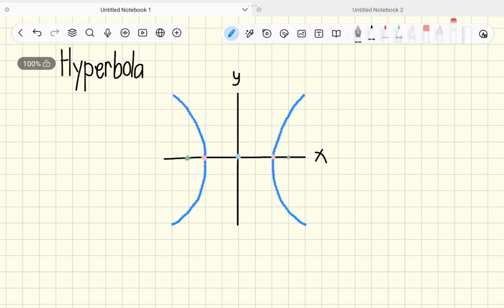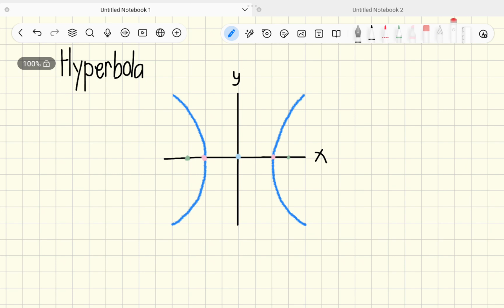Now, aside from your center, your vertices, your foci, you have other parts of your hyperbola. So what are these parts? These parts will be the following. Obviously you have your directrix.